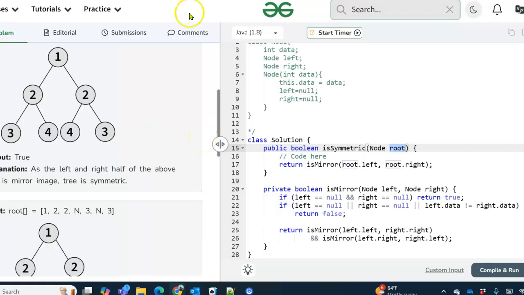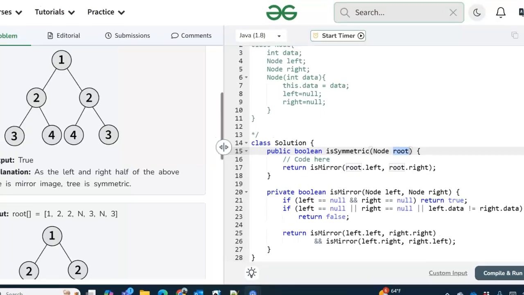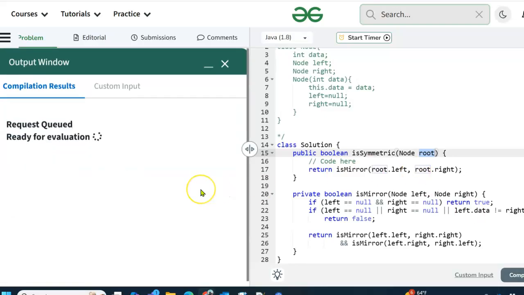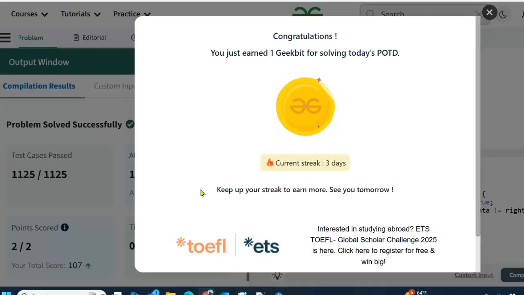Let's scoot this over here where we can see the results come in. I'm going to submit this. All right, 1 geek bit.